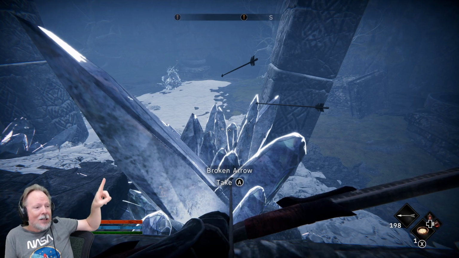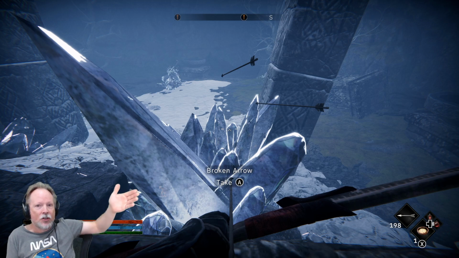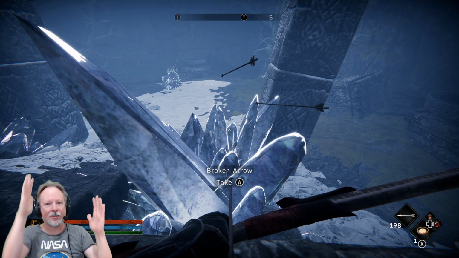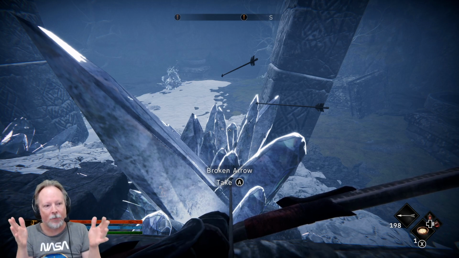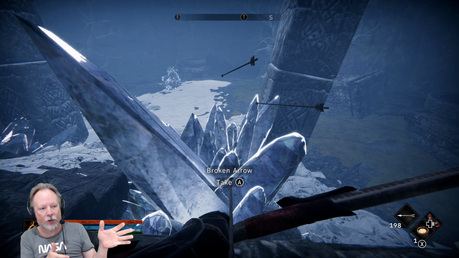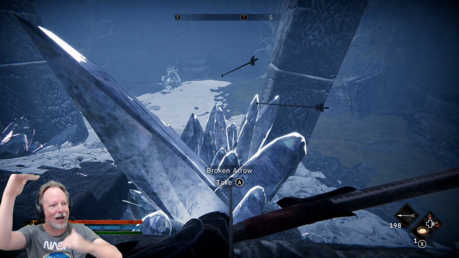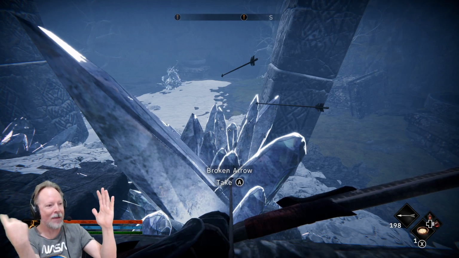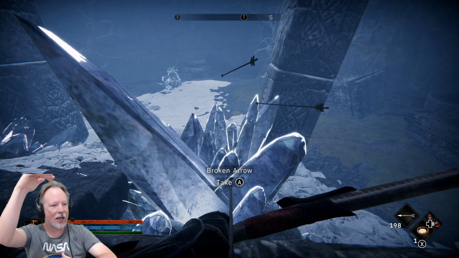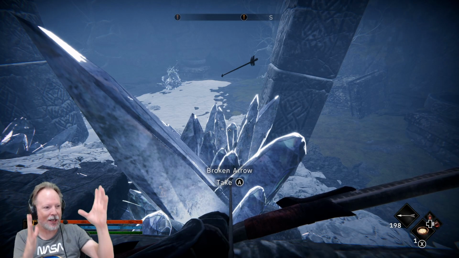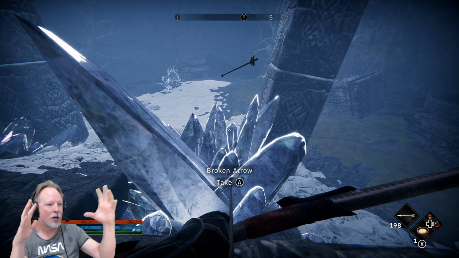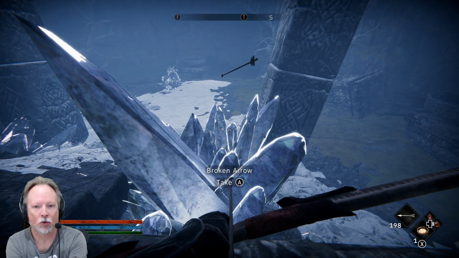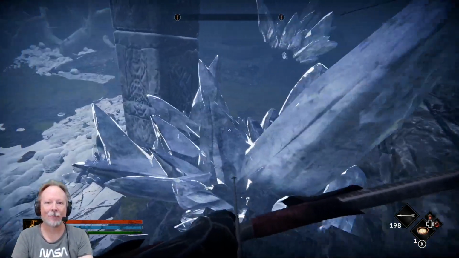The only reason I know is that I happened to shoot an arrow and it didn't pass through. If I was in grid mode in the world building tools for Unity right now, there would be a box, like a green box or a mesh around this. It might be a cylinder, it might be a triangle, but there's some sort of structure around this asset.